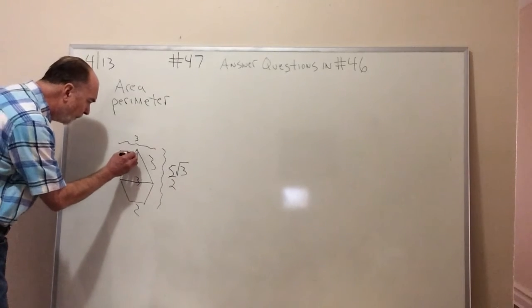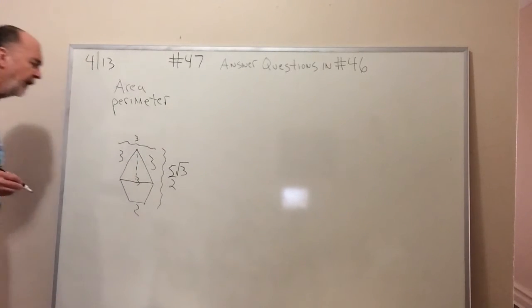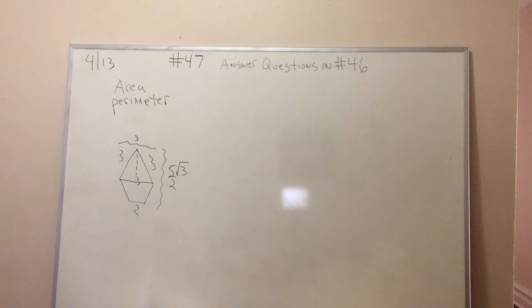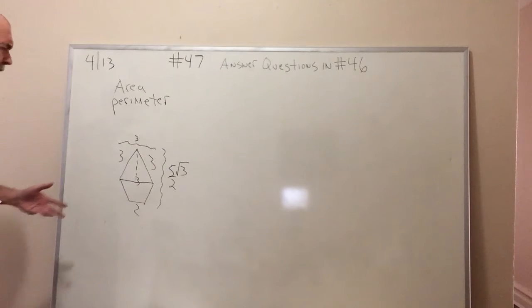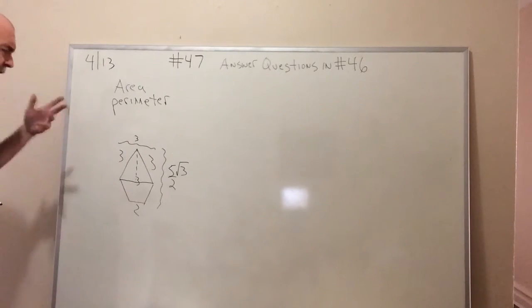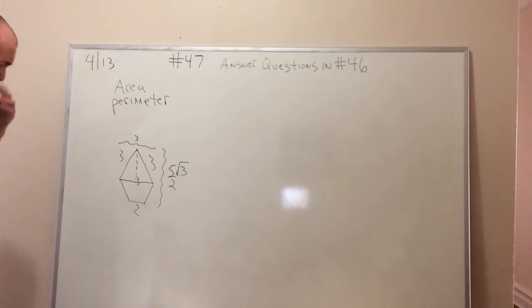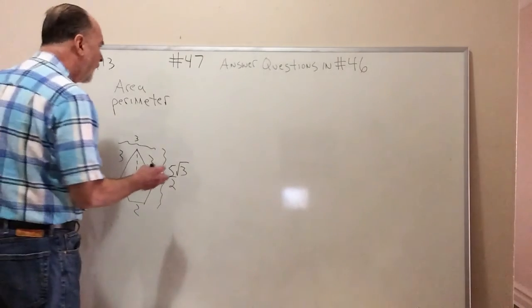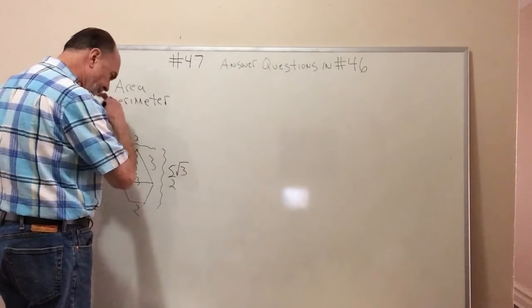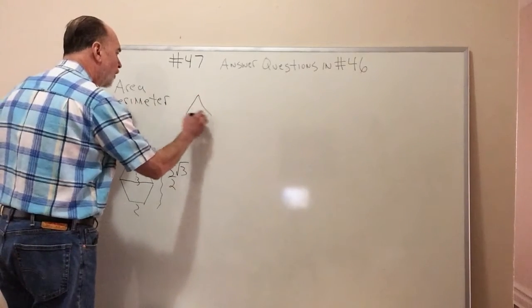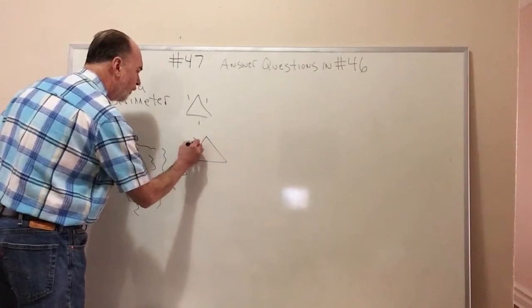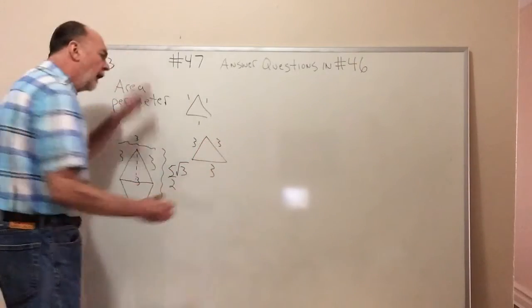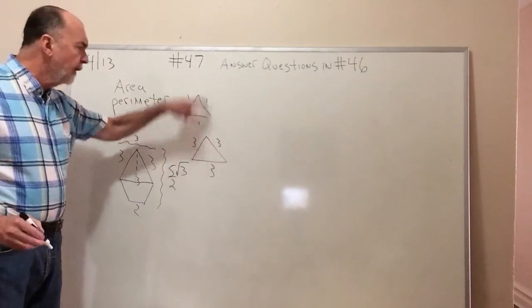But when I drop the perpendicular bisector, there's no need, as I've said a number of times, to go through the whole rigmarole of a squared plus b squared equals c squared, because if the equilateral triangle is 1, 1, 1, and then the equilateral triangle is 3, 3, 3, well, it's just a scale factor of 3 to 1.